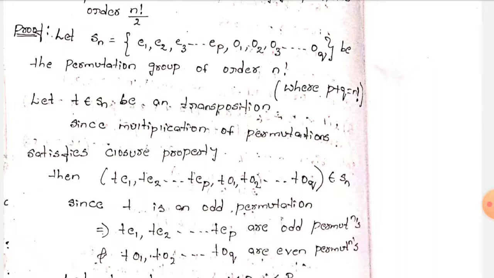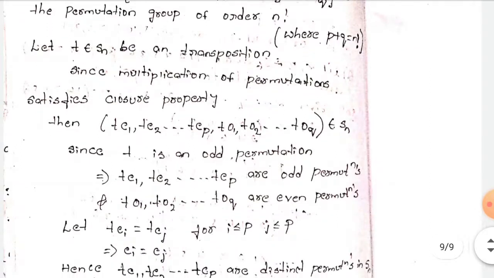Now E is nothing but even permutations. If you multiply with T, odd into even will be odd, so TE1, TE2, and so on up to TEP are odd permutations. Now T into O's is odd into odd, which will be even. So TO1, TO2, and so on up to TOQ are even permutations.